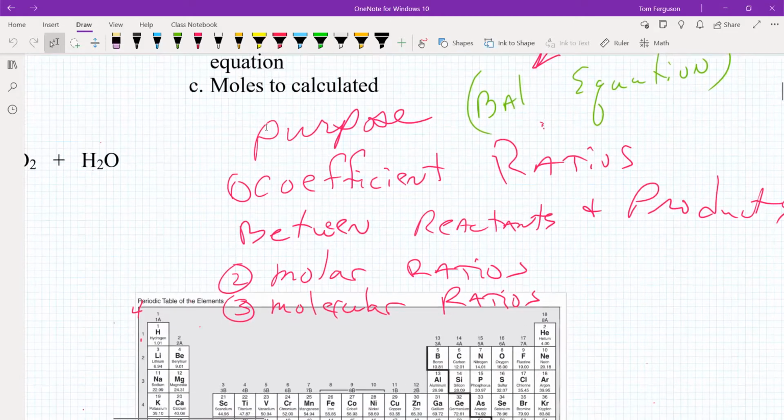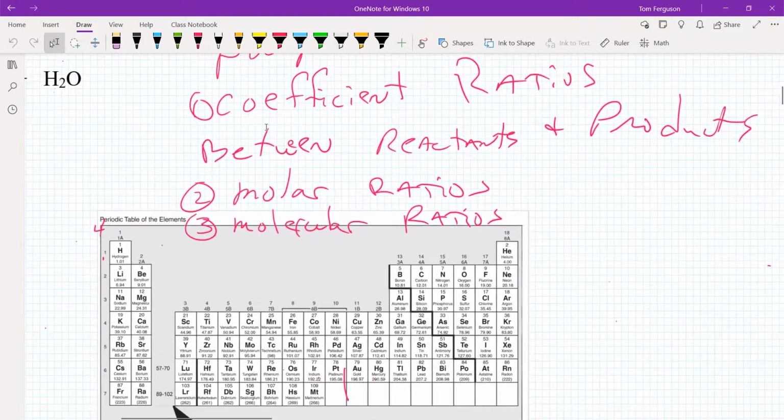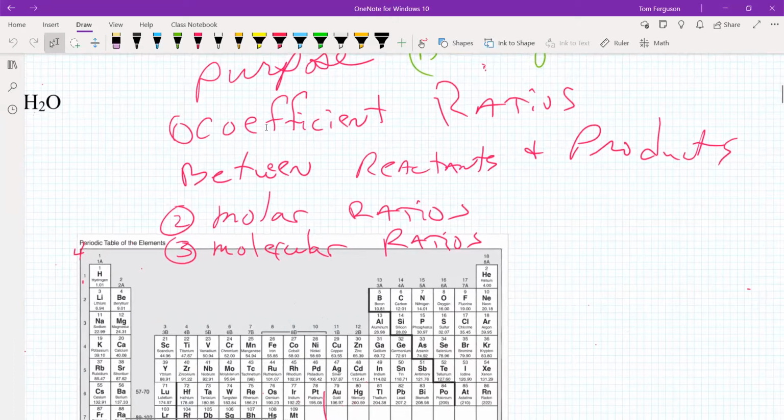So a balanced equation gives us ratios between any of the reactants and products. And those are both molar ratios and molecular ratios. Molecular means I'm talking about the number of molecules. Molar means the number of moles between any of the constituents in reactants or products.